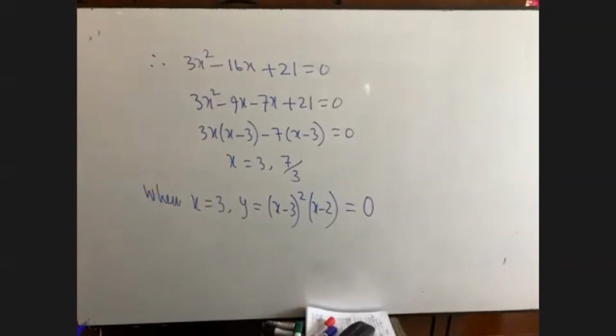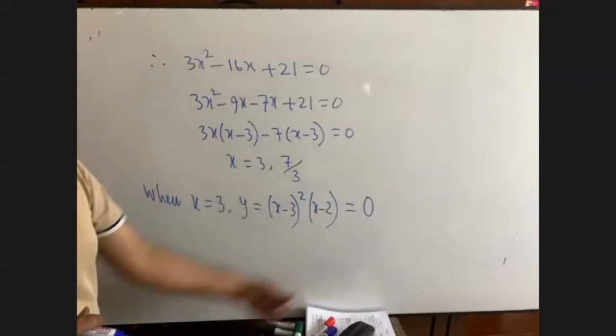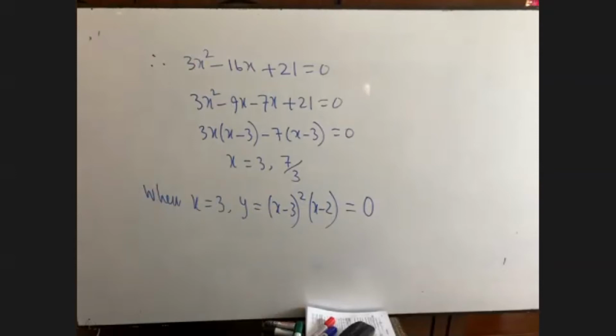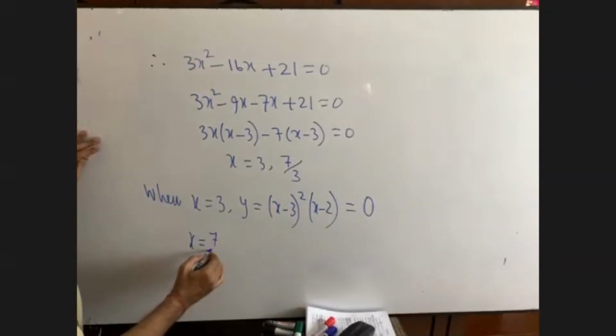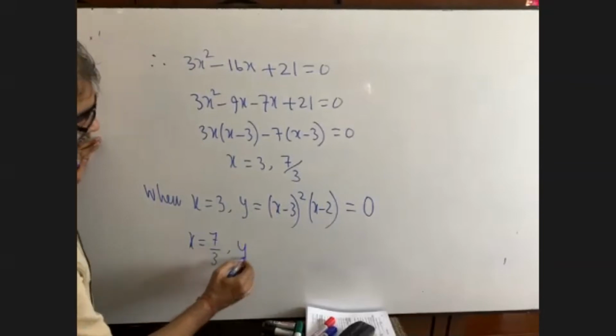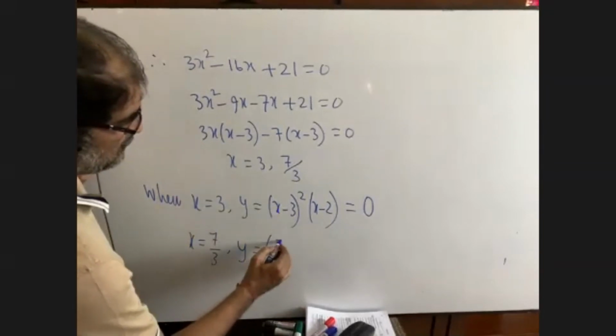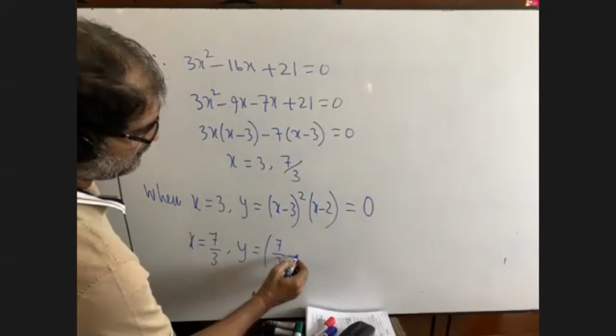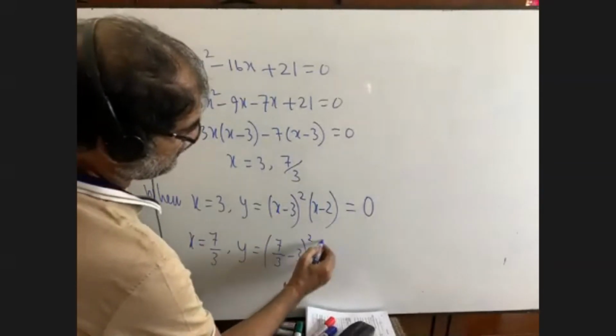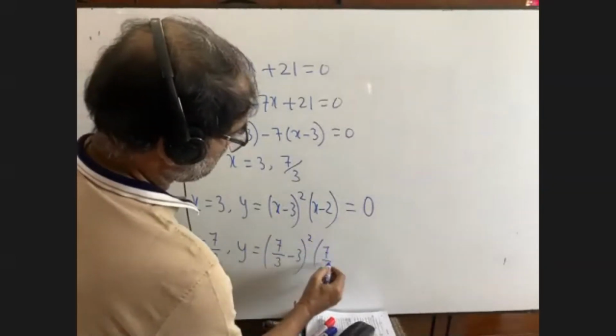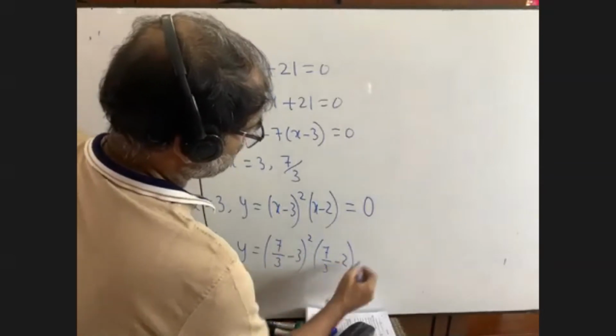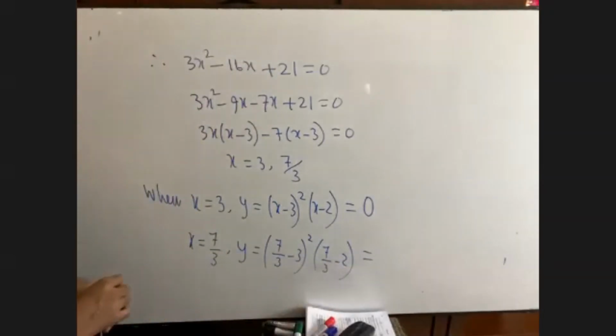If we put x equals to 3, then we will get 0. Now, if we put x equals to 7 by 3, then y equals to 7 by 3 minus 3 whole square, 7 by 3 minus 2. Please calculate it by yourself and let me know.